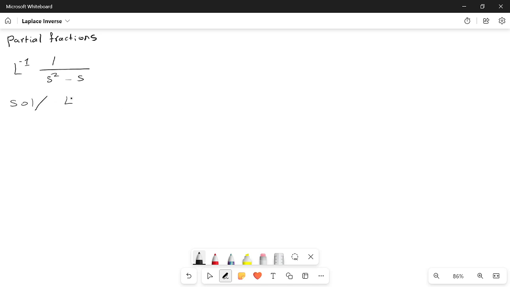We take the Laplace inverse of 1 divided by, we take an s as a common multiple, so we have s multiplied by s minus 1. Now we turn this fraction into 2.